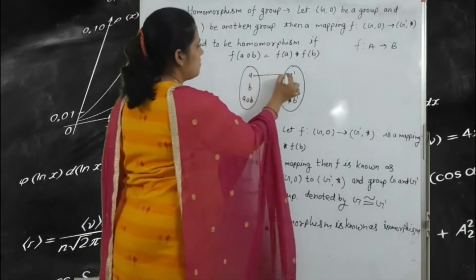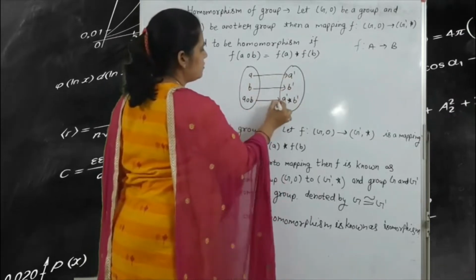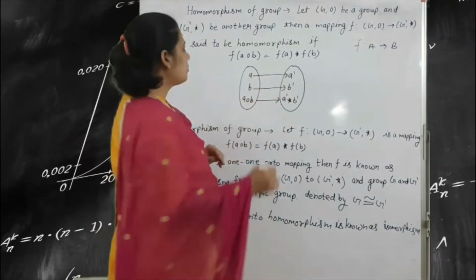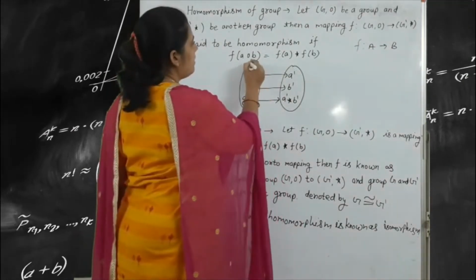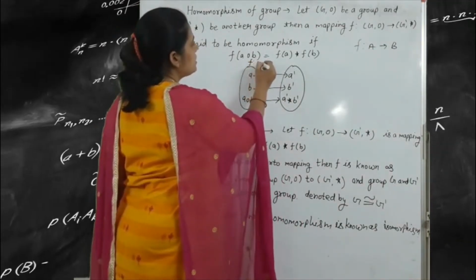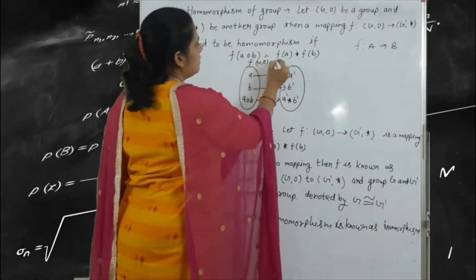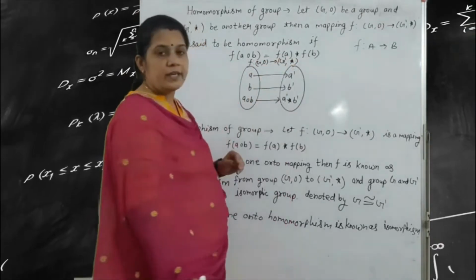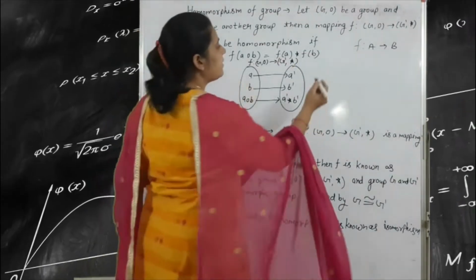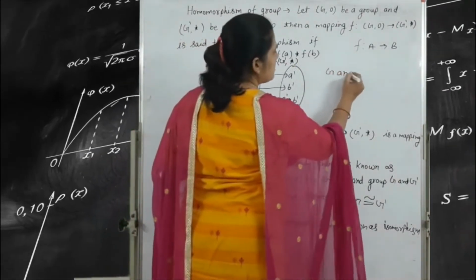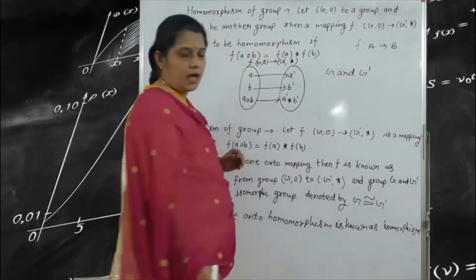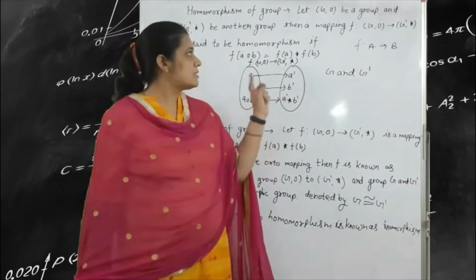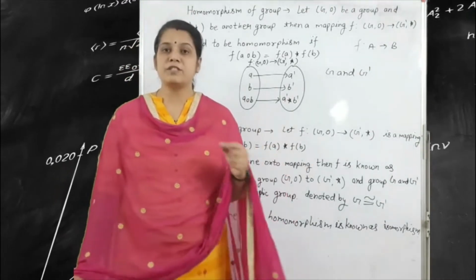So this is the mapping: this is the domain, this is the codomain, and this is the image of A. So we write F such that G,O to G dash,star. That means G and G dash are homomorphic to each other. This is the definition of the homomorphism of a group.